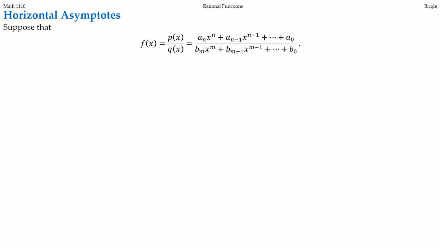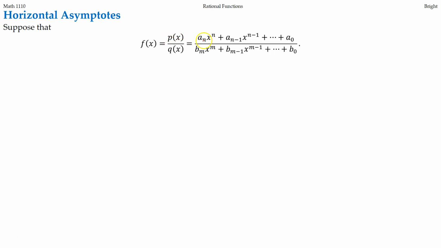A horizontal asymptote, well, a vertical asymptote is vertical, so guess what a horizontal asymptote does? Boom. Now the trick to find them actually comes from calculus. This is a different representation of the rational function we're working with.